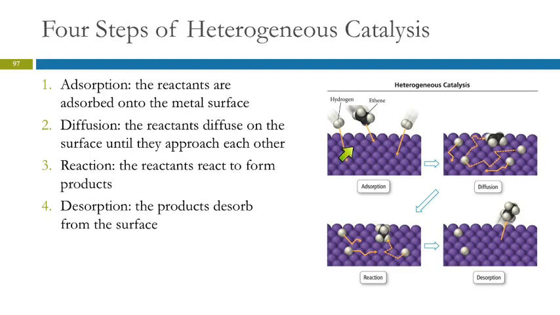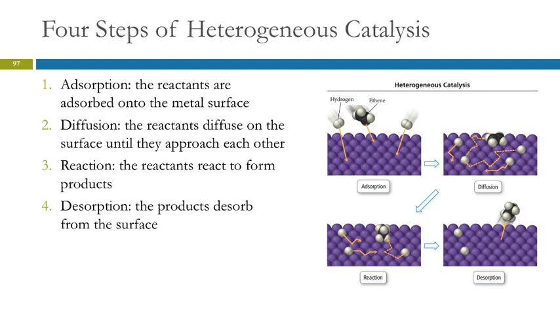So we have adsorption, we have diffusion. So the hydrogen molecule actually separates into atoms. Then we have the actual reaction where the reactants are forming the ethane, and then you have desorption.